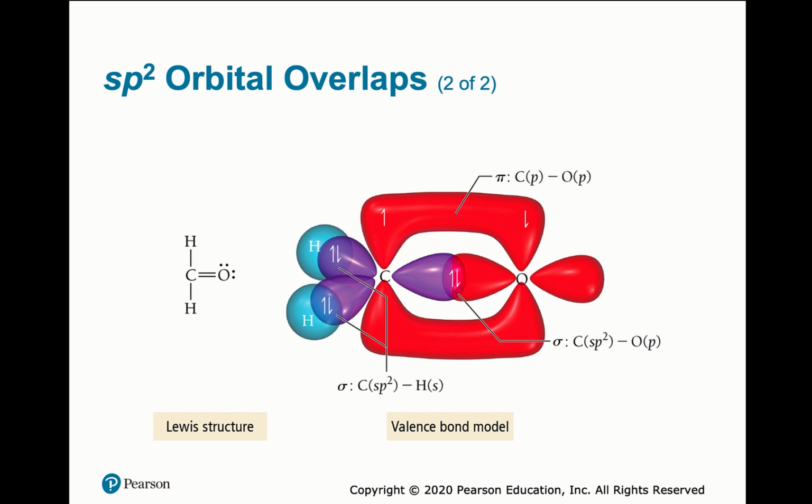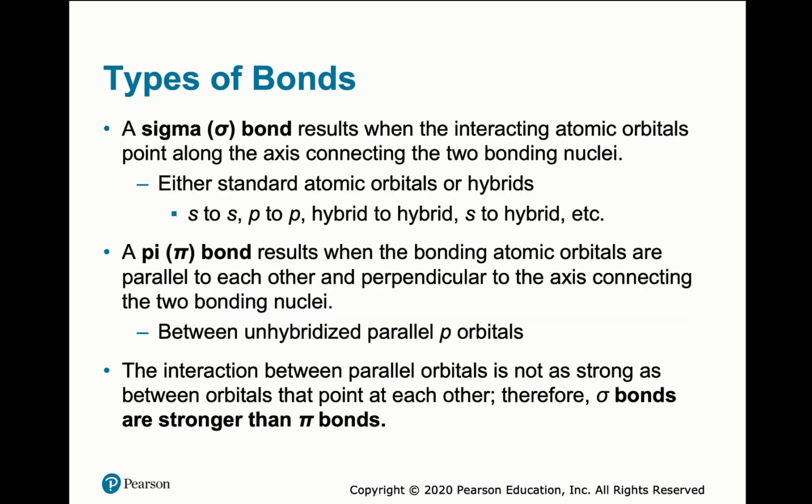The oxygen can have a sigma bond with the carbon, so that's 1 bond, and then you have the pi bond above and below the bonding between the nuclei. So a sigma bond, as I keep on mentioning, is along the internuclear axis. And the pi bond is perpendicular, so above and below the axis connecting the two nuclei.